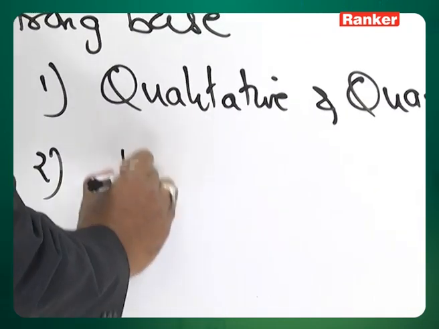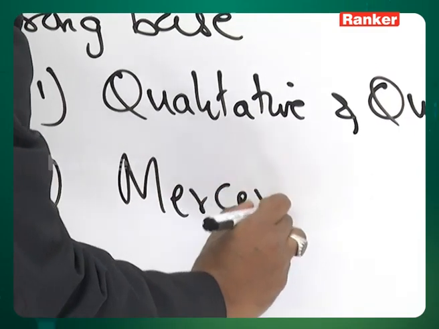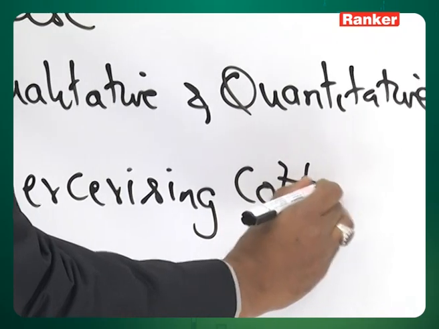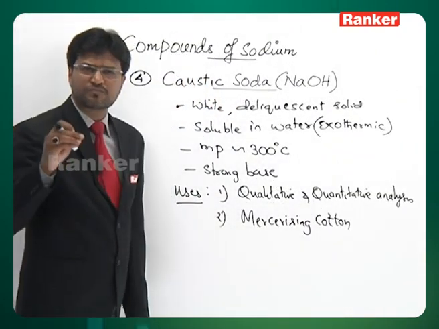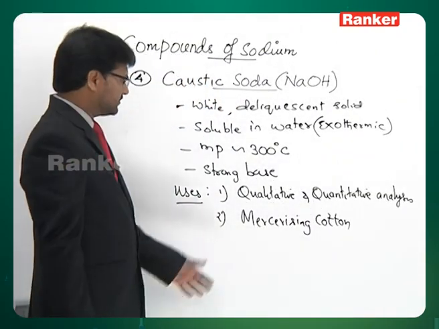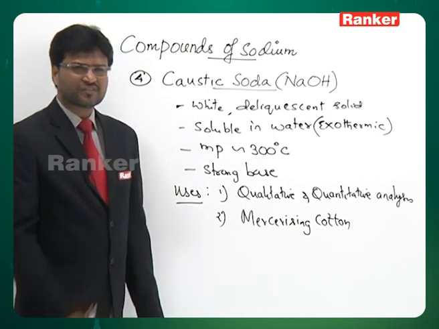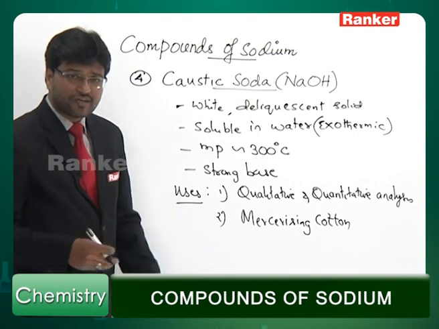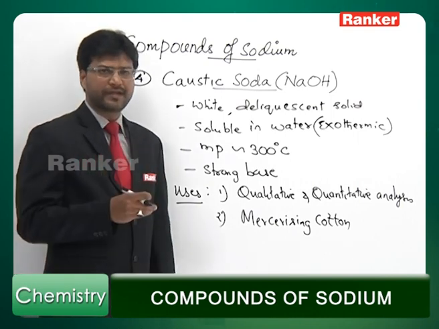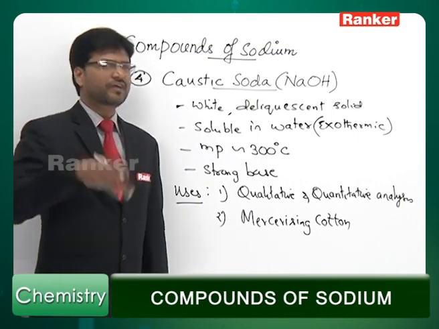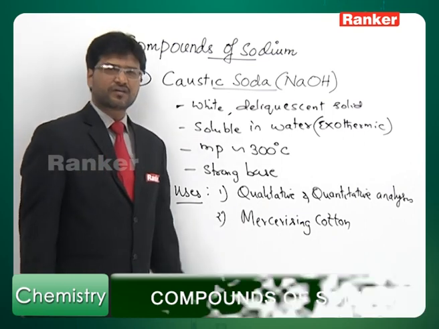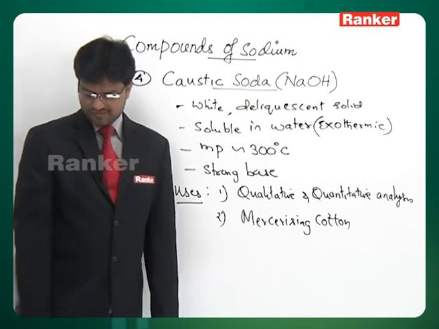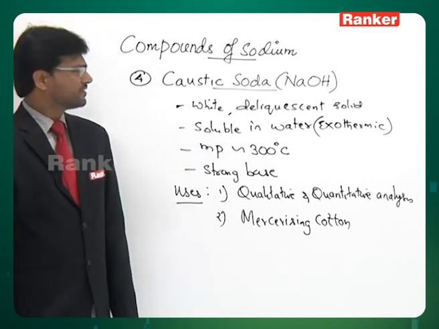It can be used in mercerizing cotton fabric. This will give a smooth texture to the cotton fabric. So these are some important commercial uses of caustic soda. You can as well remove old paint from surfaces and apply a new paint. That's another important use of sodium hydroxide or caustic soda.